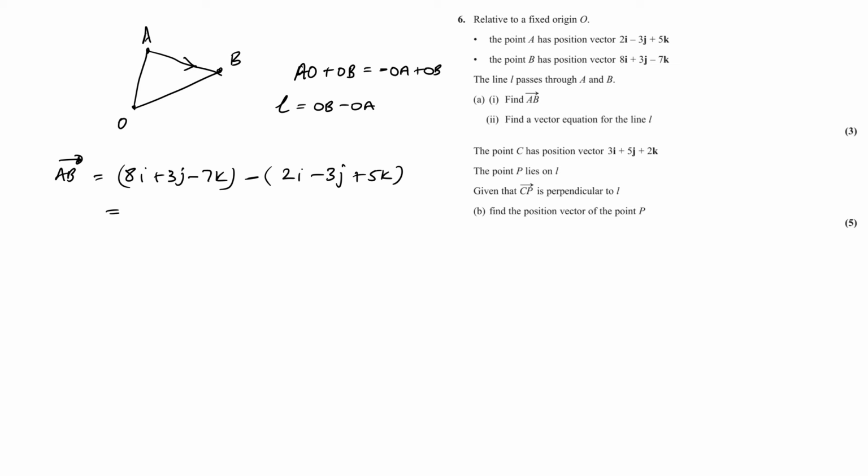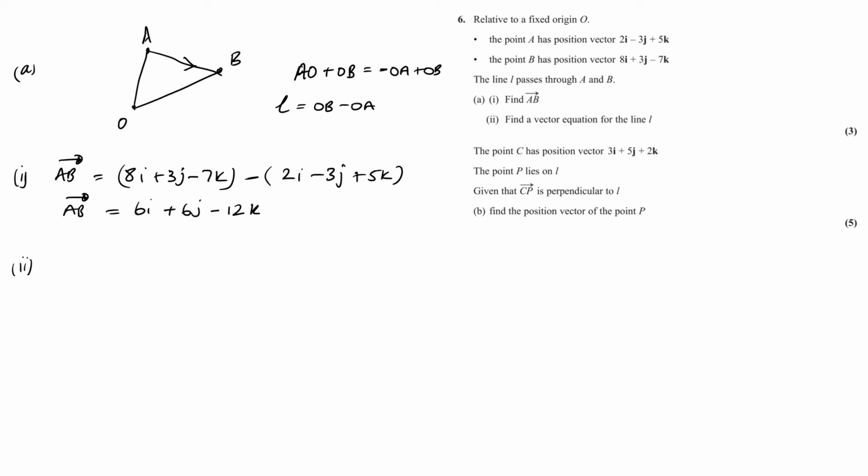So we've got 8 minus 2 is 6i. 3j minus minus 3j is 6j. And minus 7k minus 5k is minus 12k. And that is our vector AB.